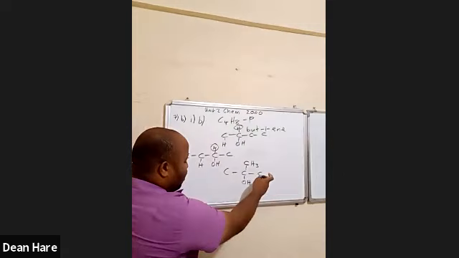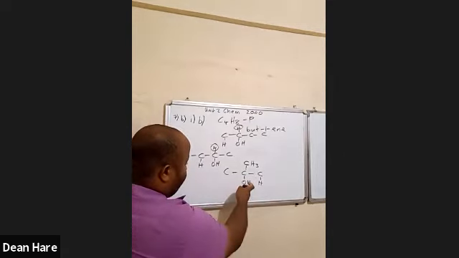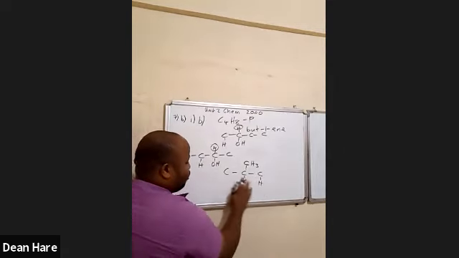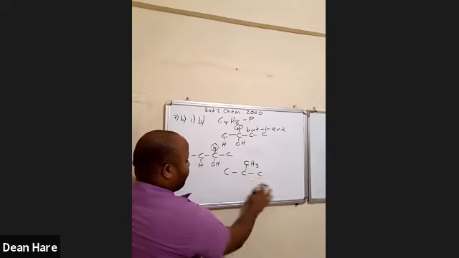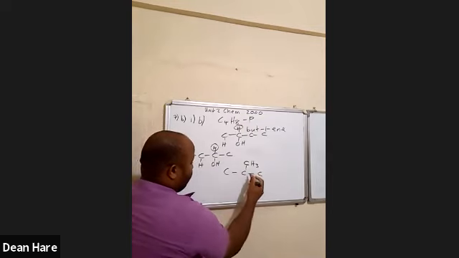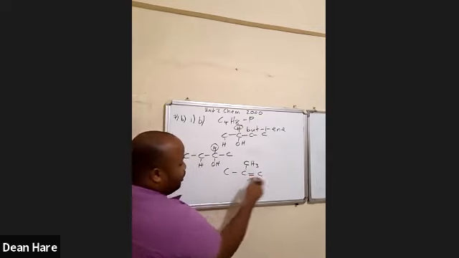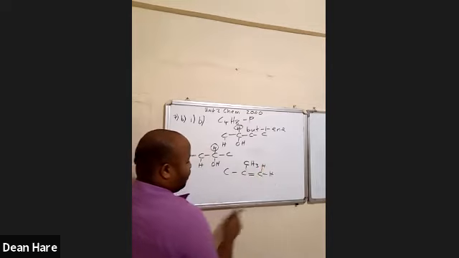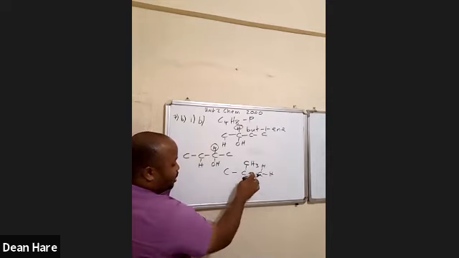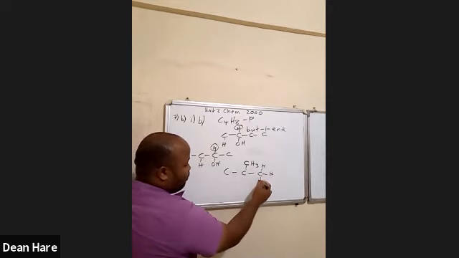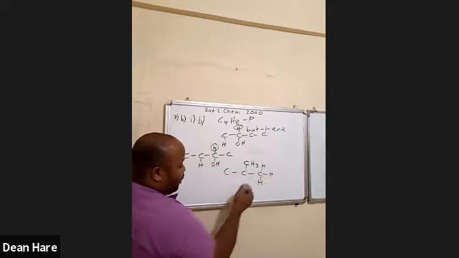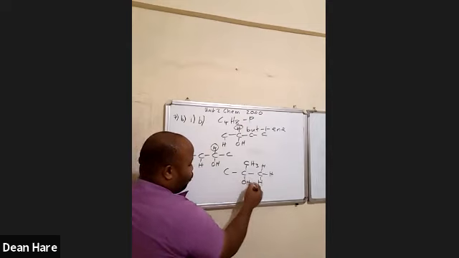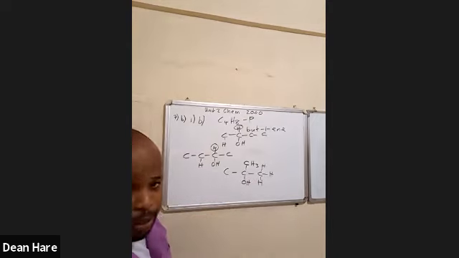So this carbon atom has less hydrogen. So let's just put it back. Double bond, no hydrogen. This one will have 2 hydrogens. So the hydrogen always goes to the carbon of the double bond with the more hydrogen. And so the OH would come here. So that's the major product.